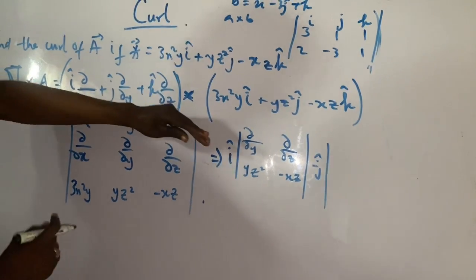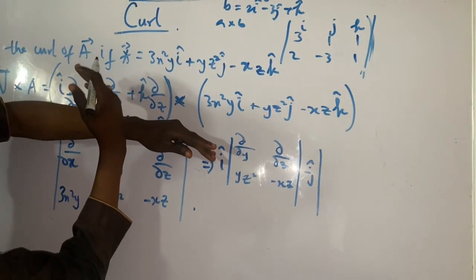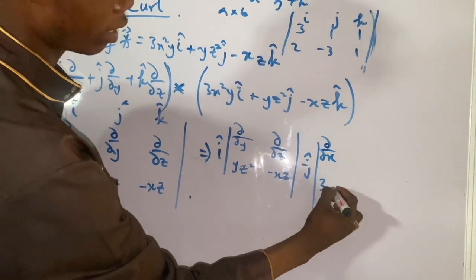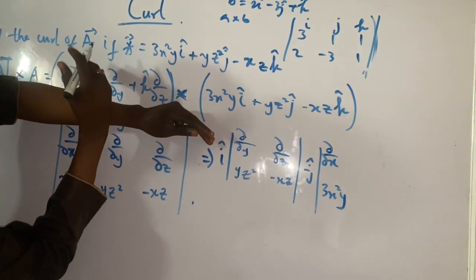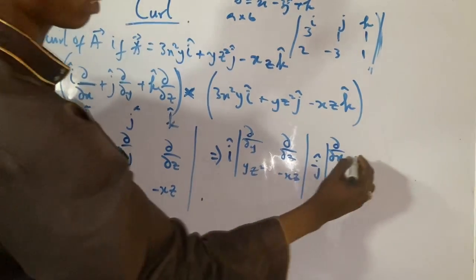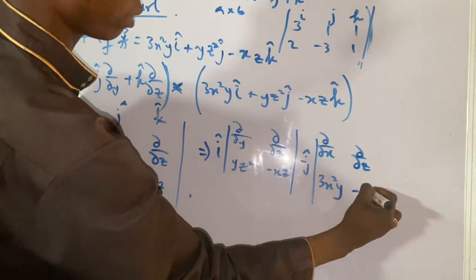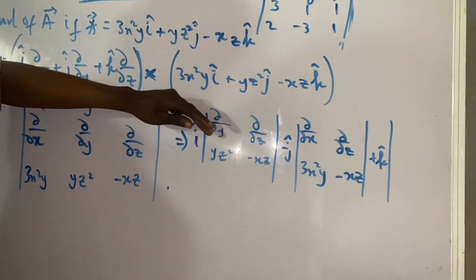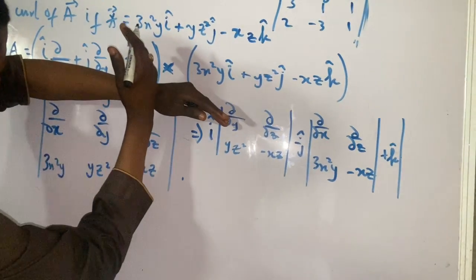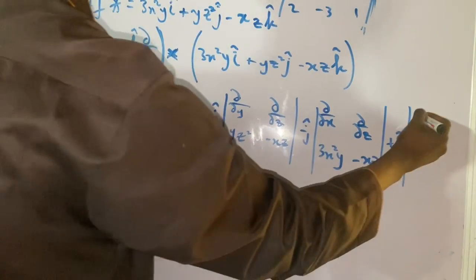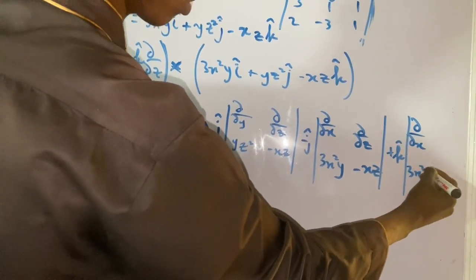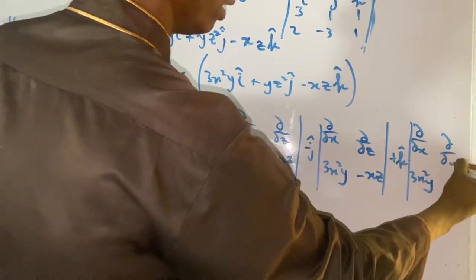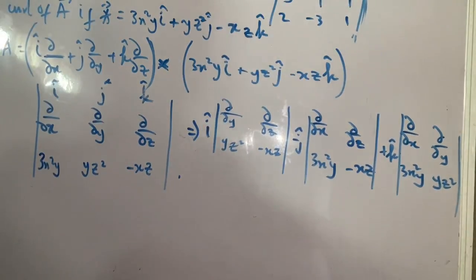If we cover j from the horizontal and the vertical as well, we're having del x, 3x squared y, and on the right side, del z, minus xz. Then we do the same thing for k. Cover it on the horizontal, cover it on the vertical. We are left with del x, 3x squared y, and del y, yz squared. So that is the case.